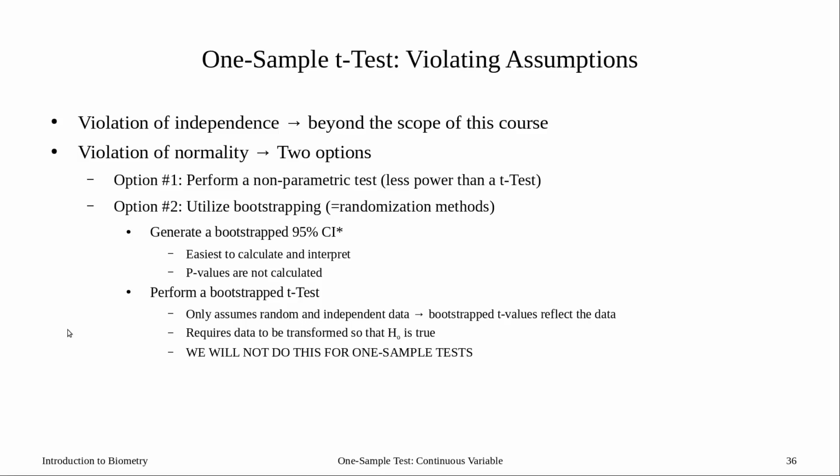So we have to add or subtract terms and then divide by terms in order to get our sample data to match what we hypothesize our population data to be. If we do a bootstrap t-test and compare the results to a bootstrap 95% confidence interval, we get the same thing. Our conclusions will remain the same. So because of the extra steps to do the bootstrap t-test, my recommendation is don't do it, and we won't do it. We'll take the easier route and do our bootstrap confidence intervals and go from there.